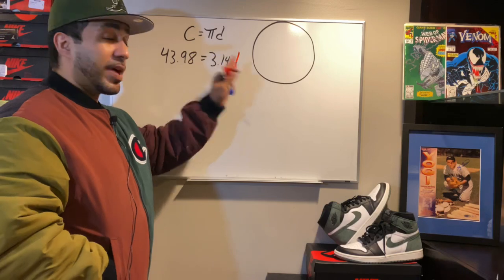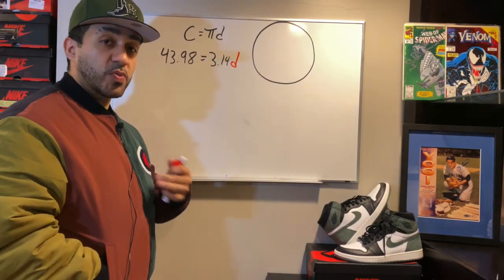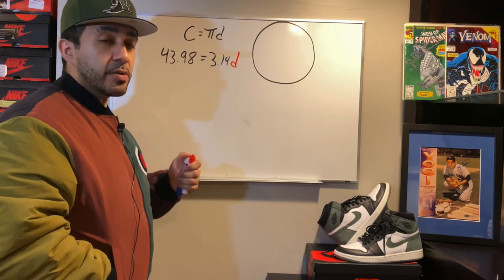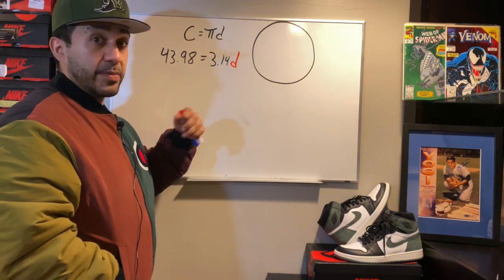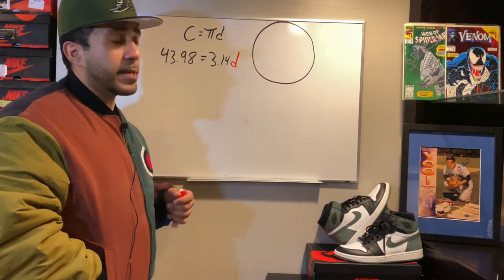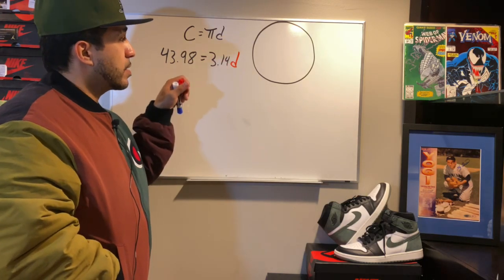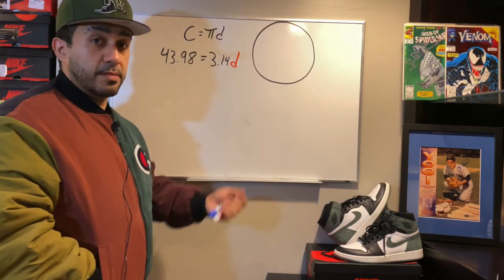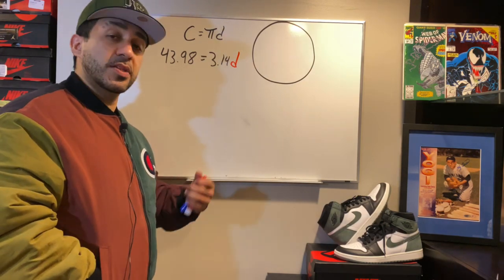3.14 is right next to the d, which implies, and it's understood, that multiplication is occurring. What we're literally saying is 3.14 times a number we don't know yet gives us 43.98. So if multiplying gives us that number, what operation is going to tell us the number we don't know? It would be the opposite of multiplication, which is division.